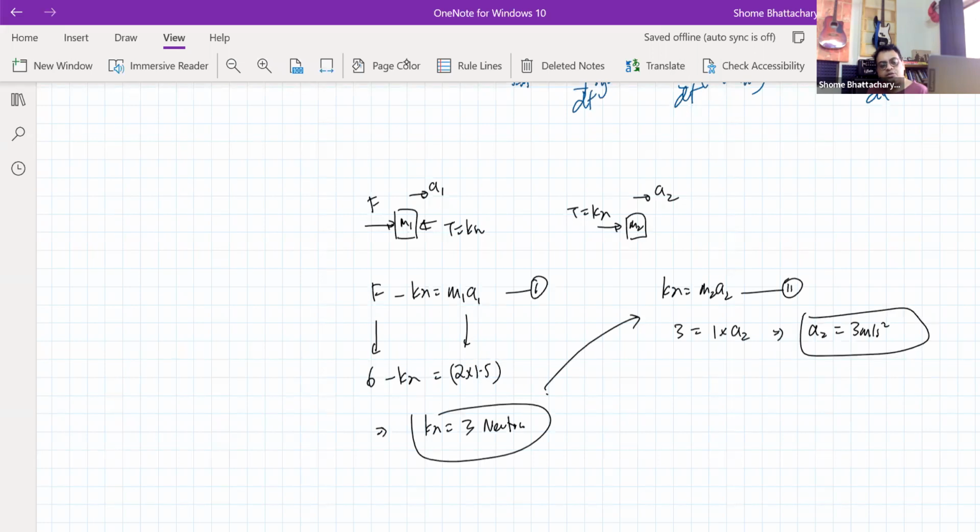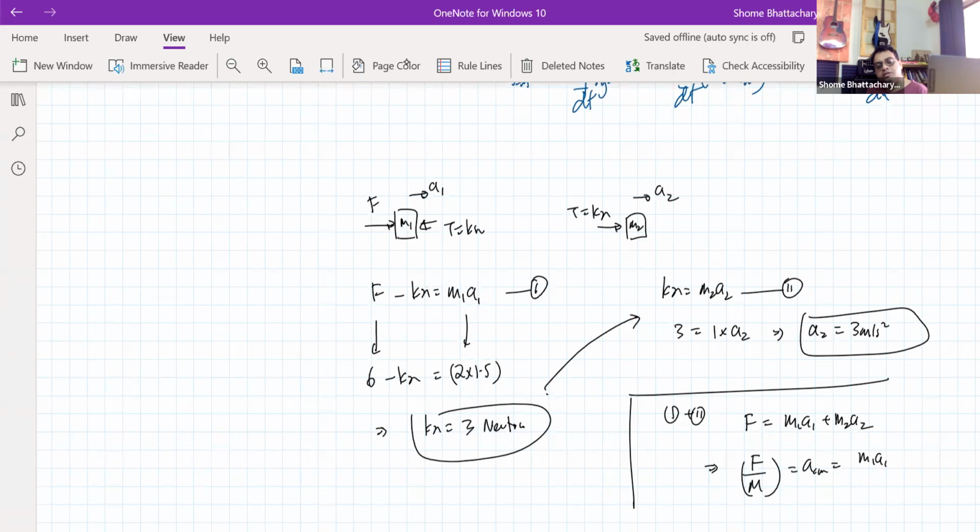But alternately also see that if you add the two equations 1 plus 2, you get F is equal to M1 A1 plus M2 A2. So you can see that F divided by total mass, which is basically acceleration of center of mass, is M1 A1 plus M2 A2 divided by total mass. So actually they are consistent equations, because later we will see this is how we will define the acceleration of center of mass also.